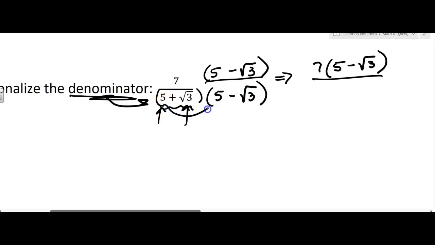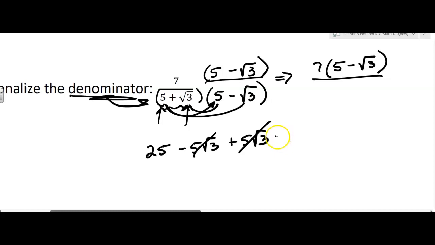But we know it's going to be 5 times 5, so it's going to be that part, which is 25. And then the outside part is minus 5 times the square root of 3. The inside part is plus 5 times the square root of 3. Those are going to cancel out every time. So it doesn't matter if you multiply them out. You can just ignore them if you want.